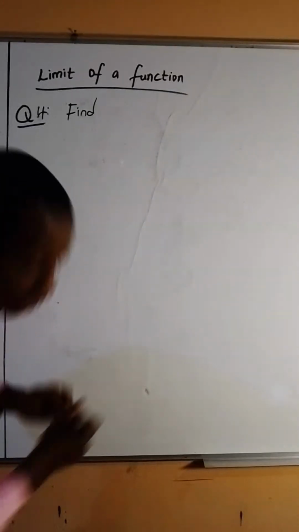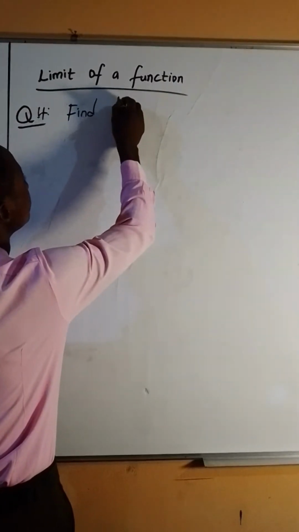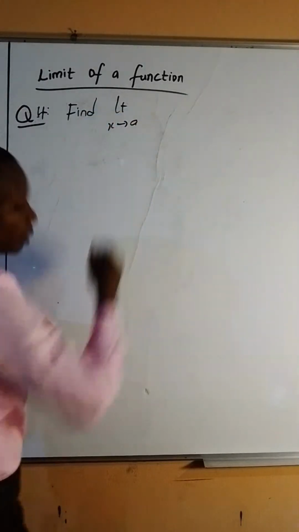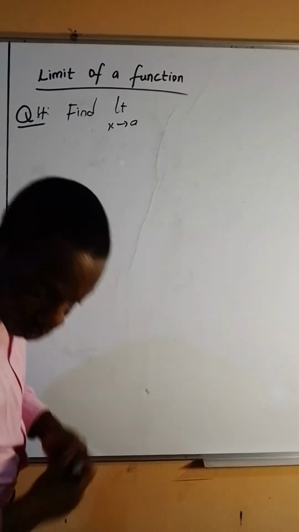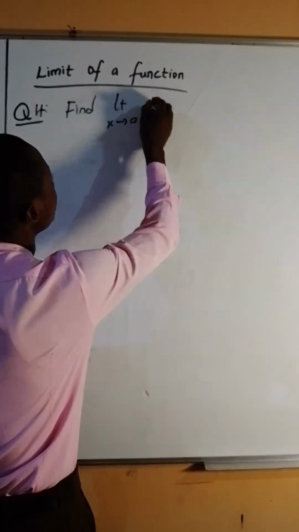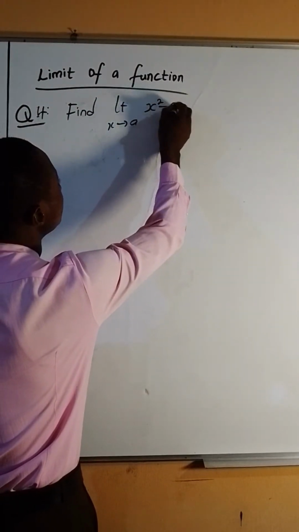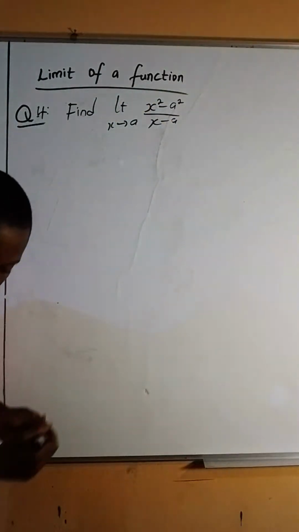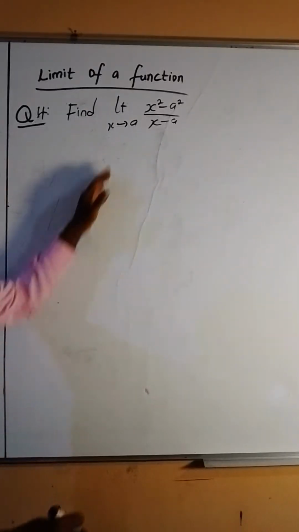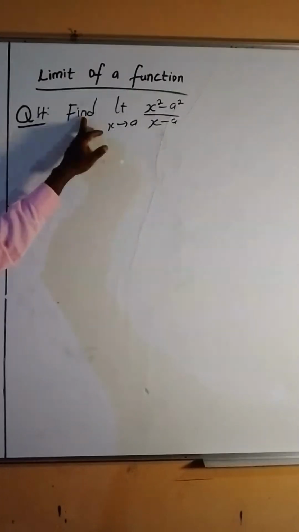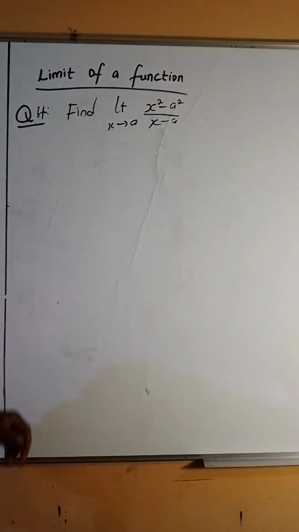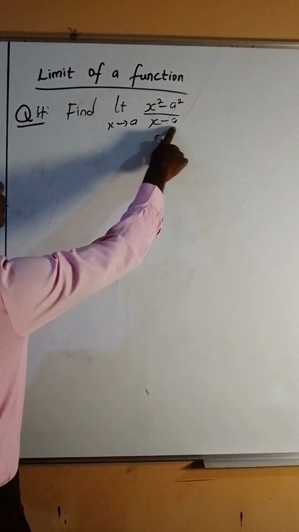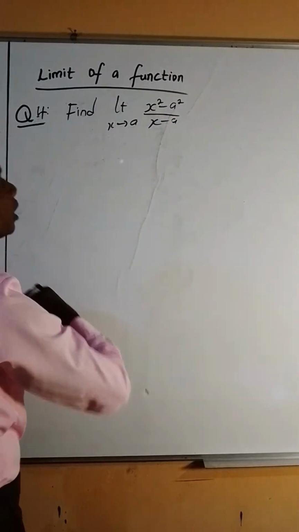We are told to find the limit of x squared minus a squared over x minus a. So what will be the value of this expression, x squared minus a squared divided by x minus a, as x approaches a?